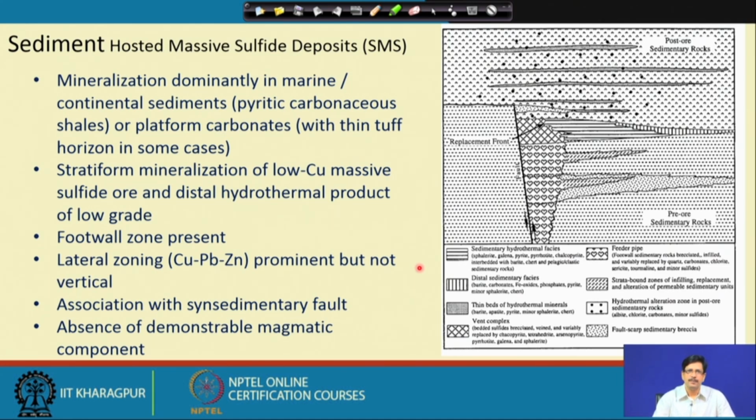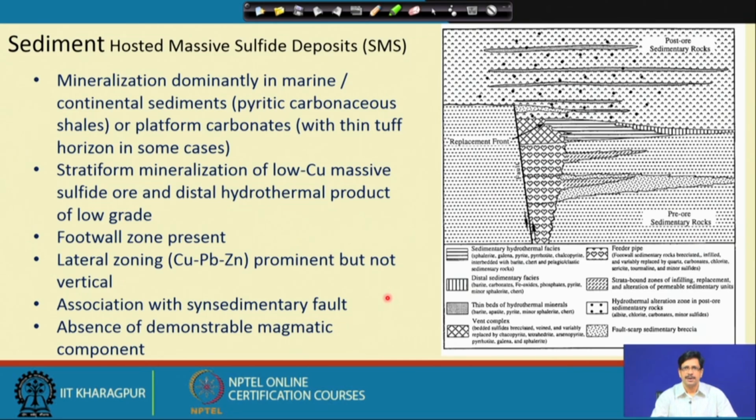The Sullivan deposit in Canada is one worth mentioning. Then there is the Mount Isa mineralizing system in Queensland in Australia, the MacArthur River Basin in Australia, Rammelsberg in Germany, and the Irish deposits.